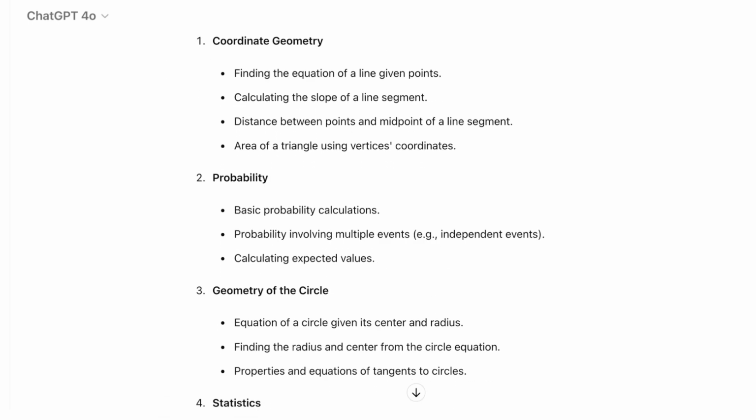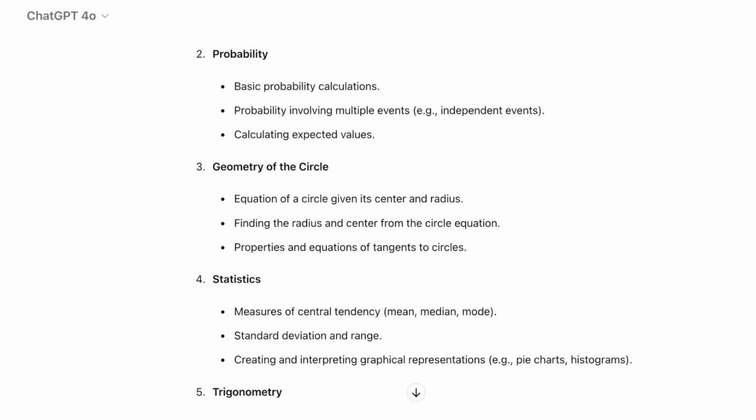Question 2 will cover probability. Be prepared for basic probability calculations, probabilities involving multiple events, and expected value calculations.